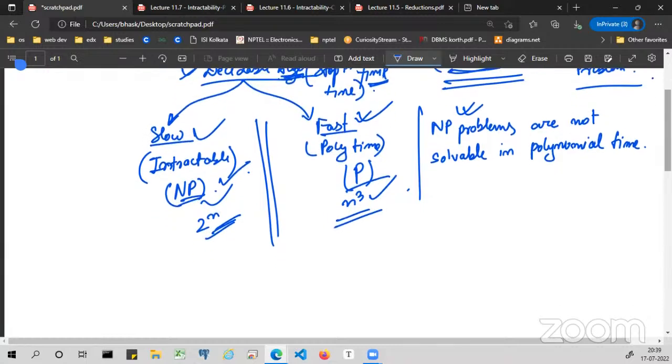NP problem does not mean, and this is the most frequent mistake all of us make, that P means problems solvable in polynomial time, done, and NP means problems solvable in non-polynomial time. Wrong. NP's only accepted definition is problems which can be verified in polynomial time.